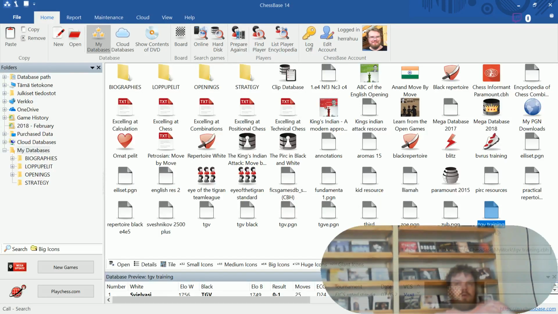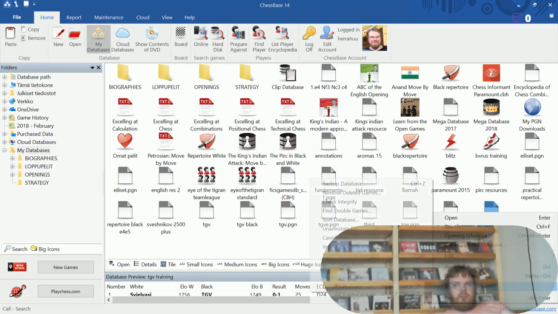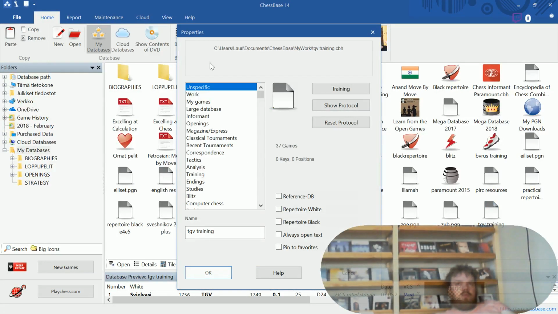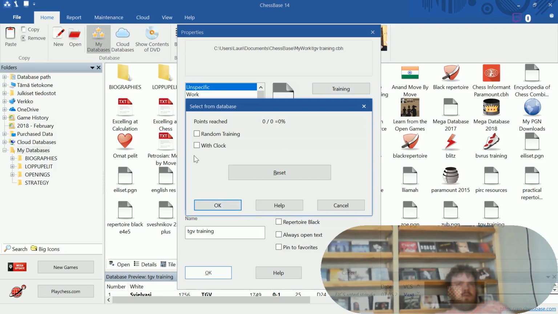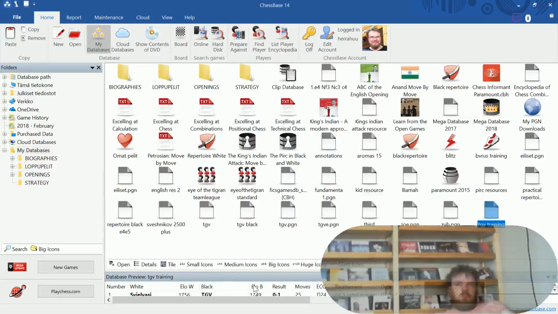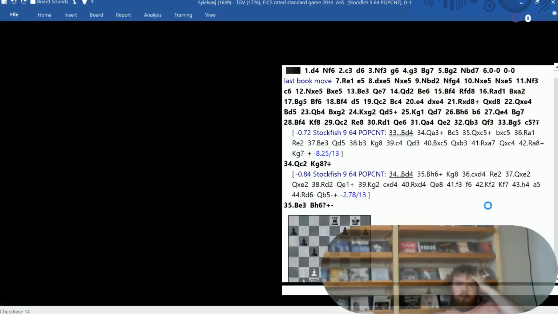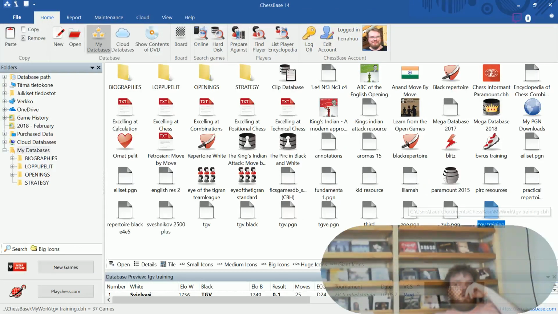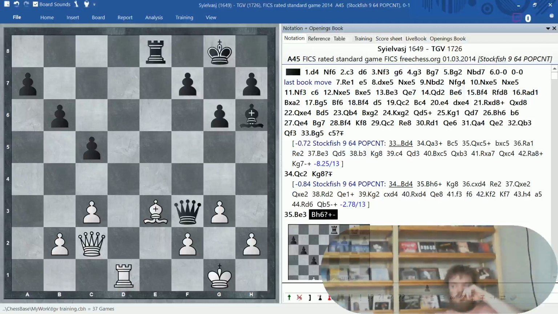So now we change the properties, see the training, random, without clock. I didn't know that nowadays you can do this without clock. Okay, and nothing happens.